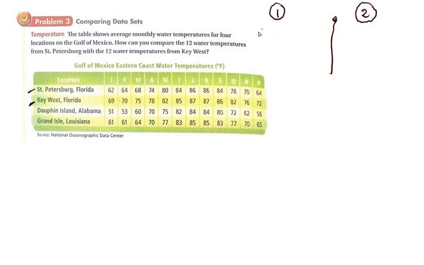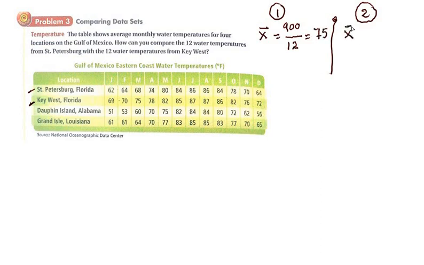The mean of the values for city 1 is the sum of the temperatures over 12, because they are 12 values. The sum is 900 and the number of temperatures is 12, and this is equal to 75.